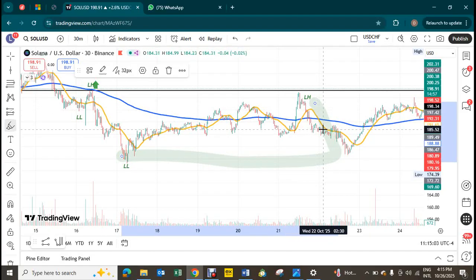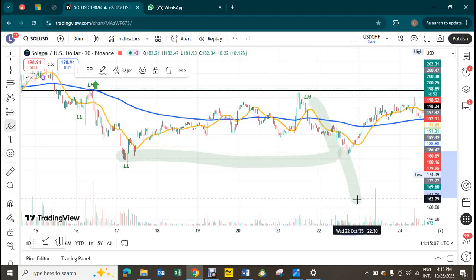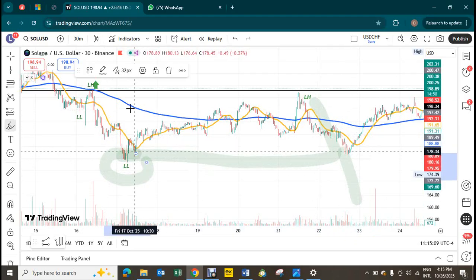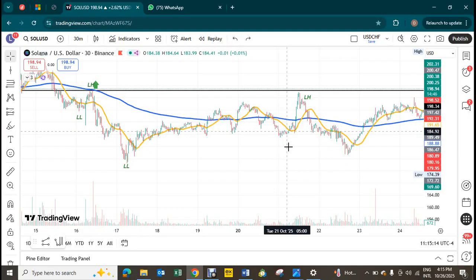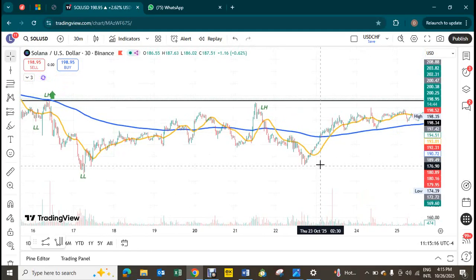So before we start looking for a buy, we need to see price break down towards this lower high and lower low. So now we are still waiting and need to see what the market does.